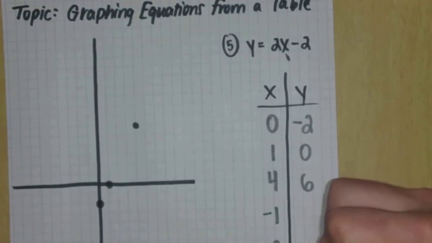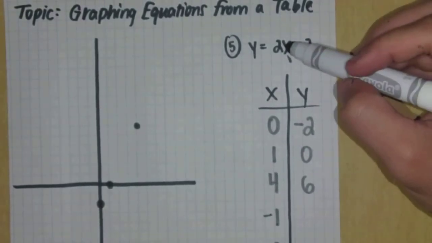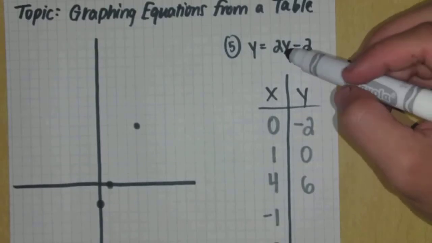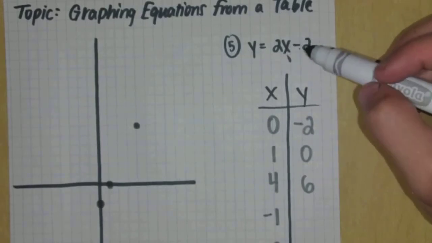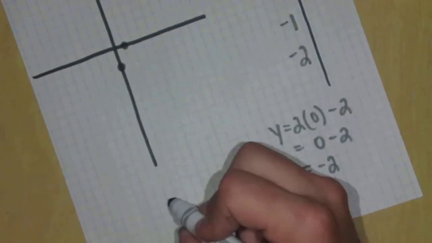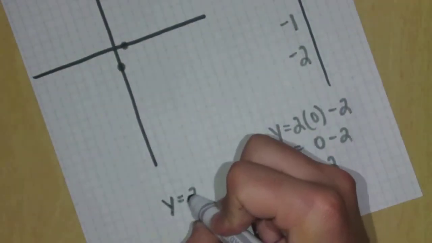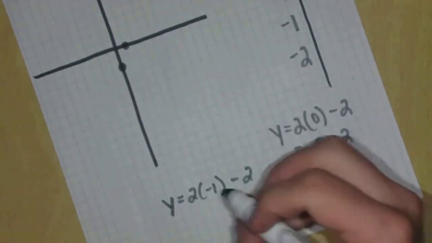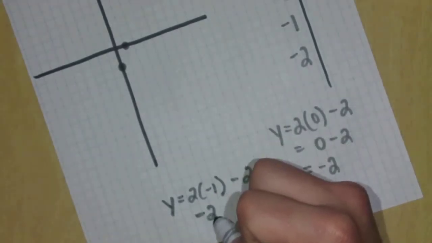Negative 1, negative 2. So if I plug a negative 1 in here, 2 times a negative 1 is a negative 2. Negative 2 minus 2. So this might be one we want to keep track of. So let's try that again. y equals 2 times a negative 1. Then I want to subtract 2. 2 times negative 1, negative 2.